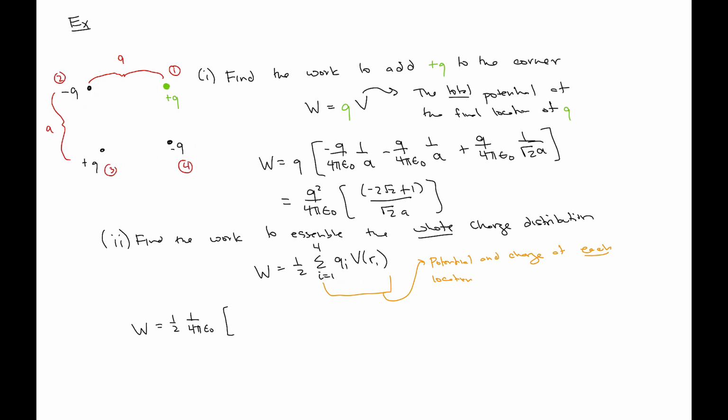Okay, so for the first one, I'm going to get basically what I just found up here. I will get Q squared and then times all this stuff. Okay, so that is the same as, right? This was what we just did, the charge times the potential at that point due to all the other charges.